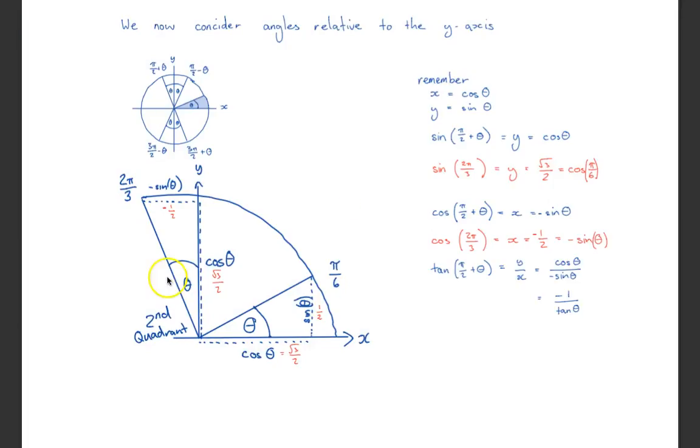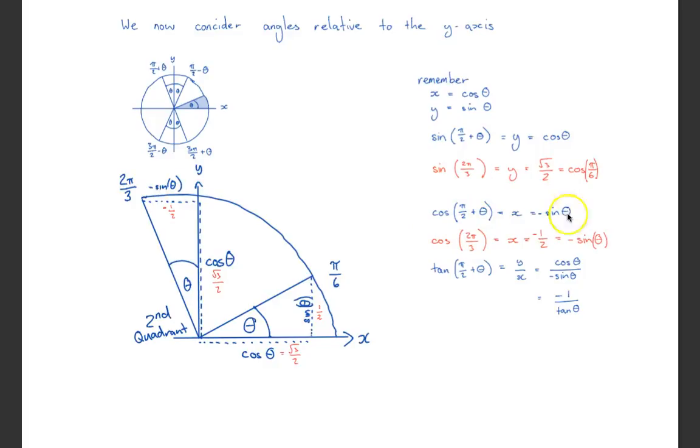Similarly, if we're finding cosine of pi on 2 plus theta, this angle here, it's the x-coordinate, and the x-coordinate of this angle is minus sine of theta. So you get the rule cosine of pi on 2 plus theta is equal to minus sine of theta.